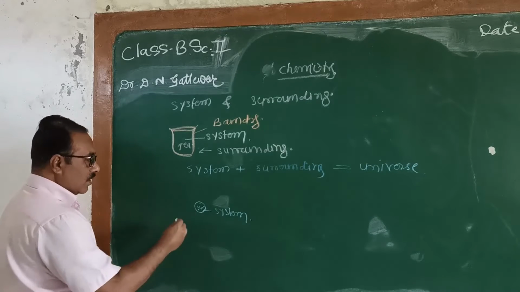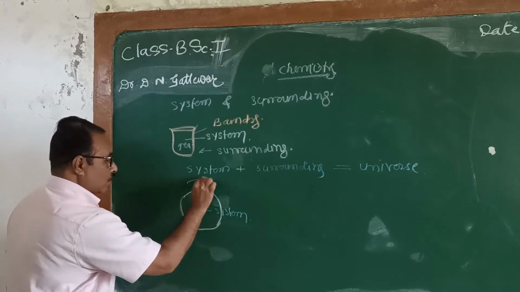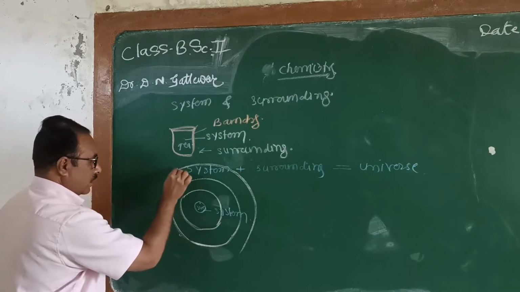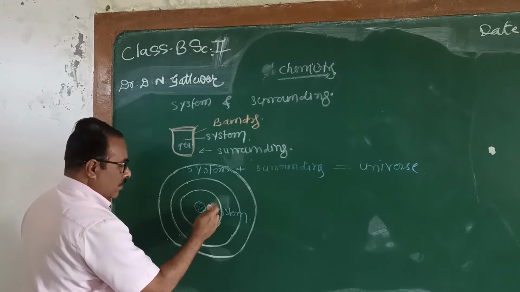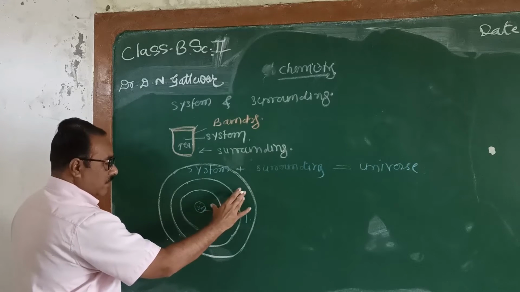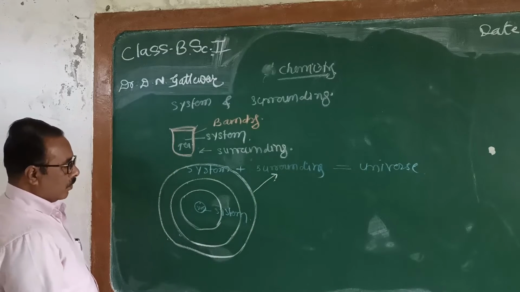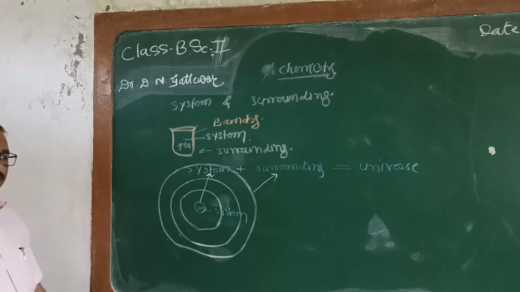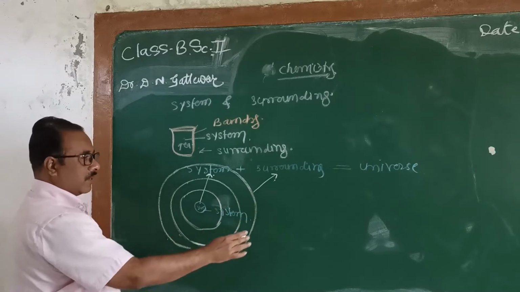Then around the sun, there are so many planets. Apart from the sun, this space is called the surrounding, and only the sun itself is the system, and system plus surrounding becomes the universe.